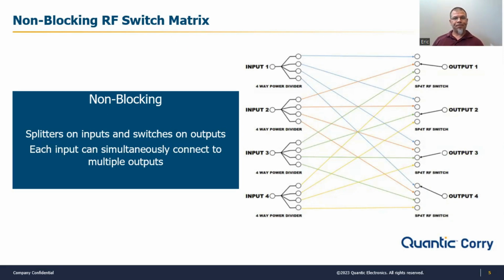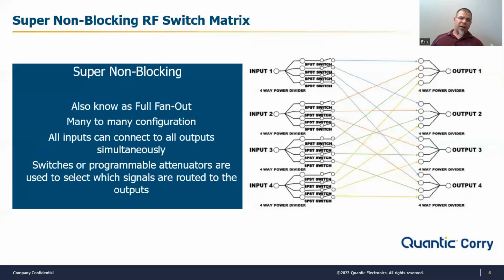Okay, so are there any additional types that you'd want to talk about? Yes, so there is the super non-blocking. The super non-blocking is very similar to the non-blocking, except as you can see in the little diagram there are splitters on both the input and output ports. And that gives you a great amount of flexibility, because you can combine signals in many ways.